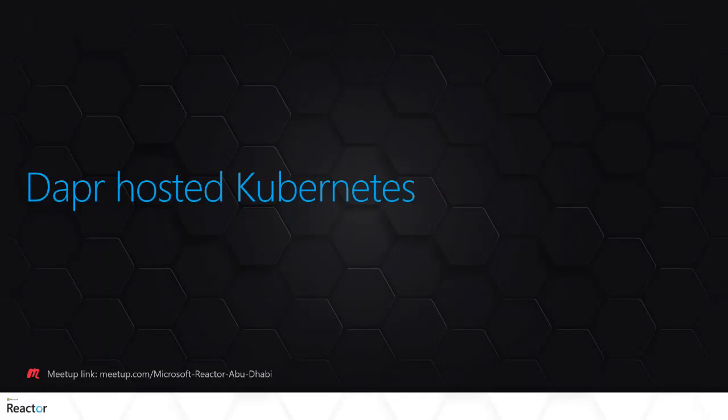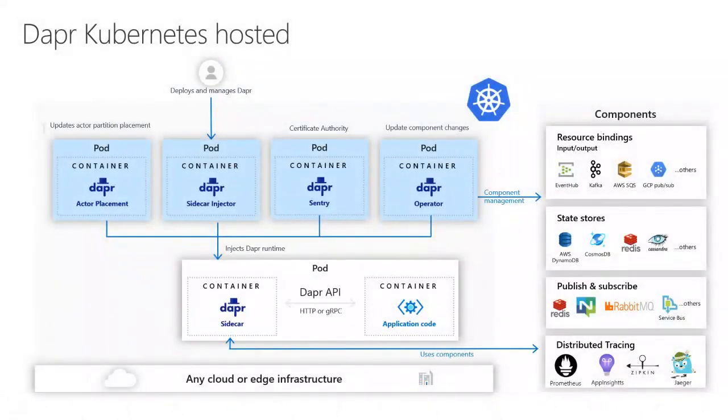But if I wanted to containerize that application and deploy it on a Kubernetes cluster, how can I do that? Dapr also supports running your Dapr sidecar instances with your application on a Kubernetes cluster. In order to do this, first of all, you have to initialize Dapr on Kubernetes.